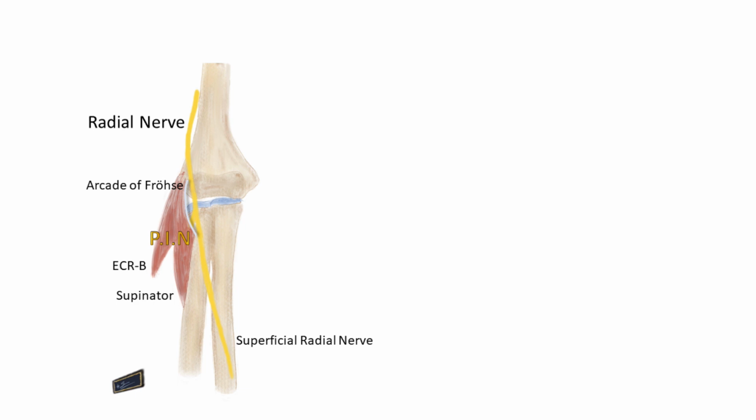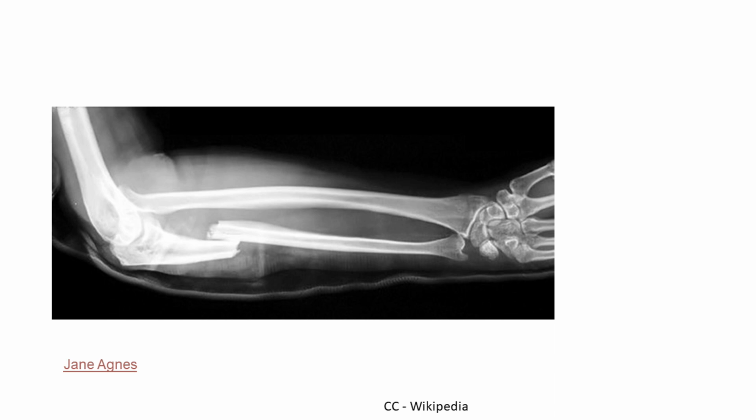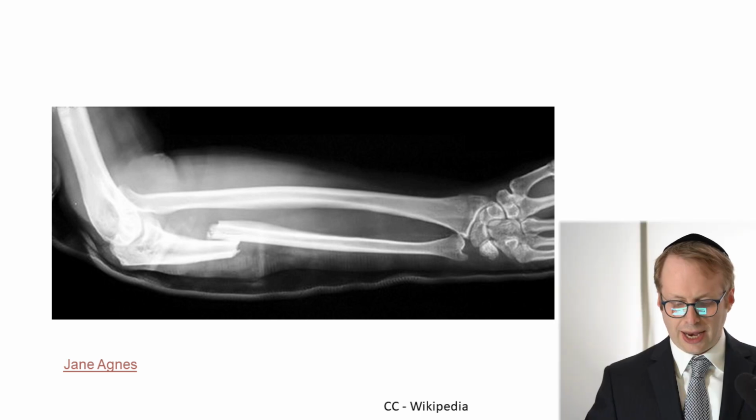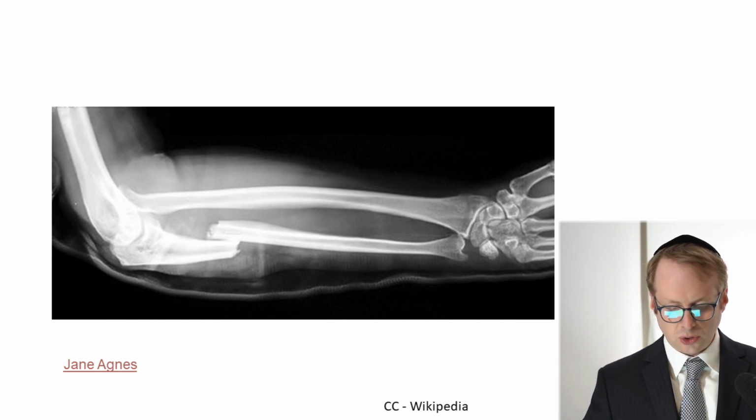There, one has entrapment of the posterior interosseous nerve, which is the terminal motor branch of the radial nerve. If one then looks further down, any fractures more distal to the humerus affecting the ulnar and radial bones can lead to radial nerve injuries. This is an example of a Monteggia fracture, and that can cause problems too.